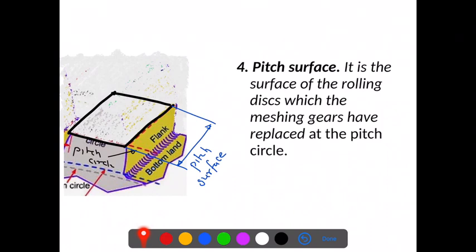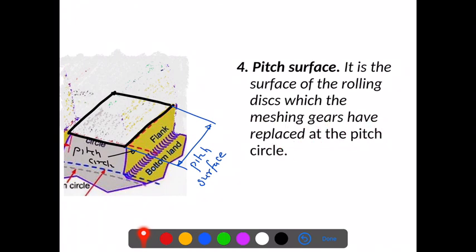Now we will see pitch surface. What is pitch surface? It is the surface of the rolling disc, the imaginary disc which we are saying. It is the surface of the rolling disc which the machine gears have replaced at the pitch circles.